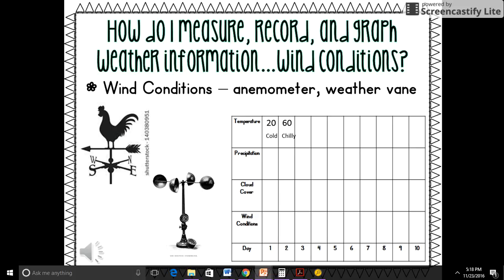That means that it's windy. Look at the graph. Right above day 1, beside where it says wind conditions, I put windy. Now the anemometer is still. So above day 2, on the row with wind conditions, I put calm.